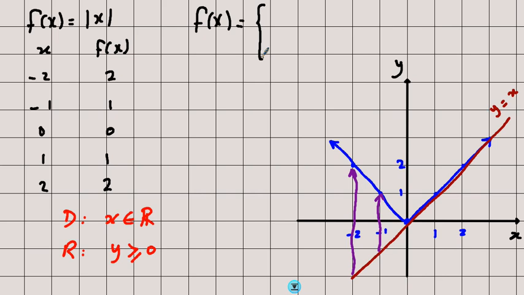We can say that for this part, f of x equals negative x for the values of x that are less than 0, and it equals x for the values of x that are greater than or equal to 0. Now, why did we choose the equal to be here and not here? It's a human decision. We put the 0 with the positive part, but that's not absolutely necessary. It's a matter of convention.